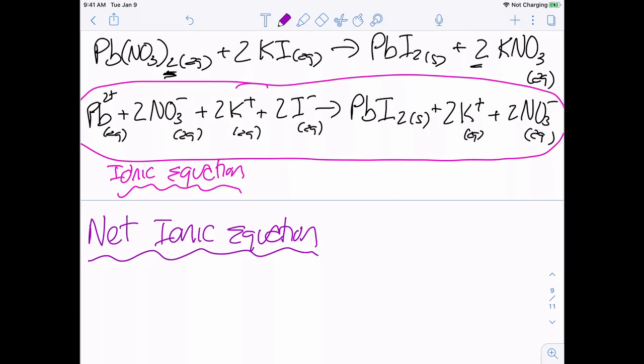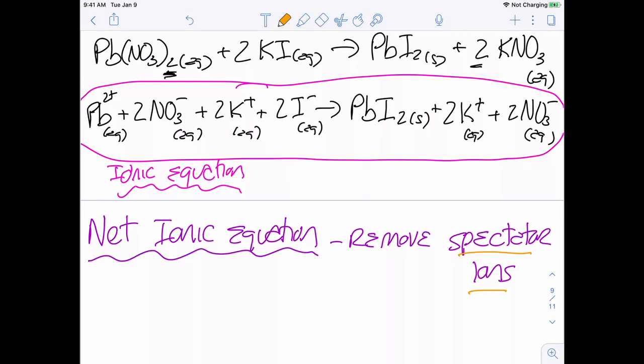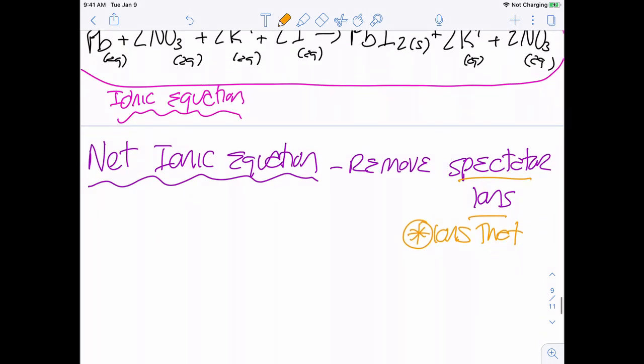So in our net ionic equation, we're going to remove what are called spectator ions, which I spelled incorrectly. Spectator ions are ions that did not undergo a chemical change.